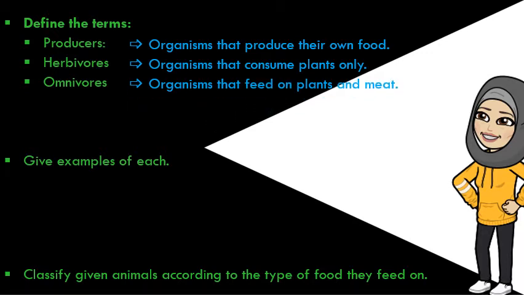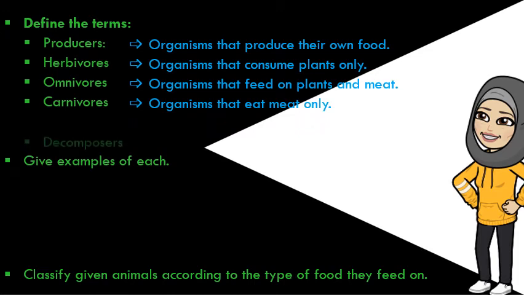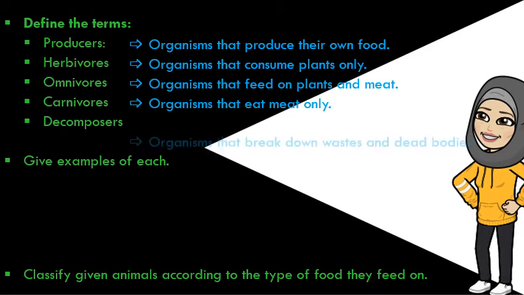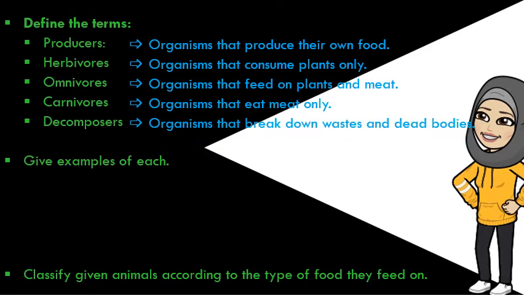Omnivores consume plants and meat. They eat both plants and animals. Carnivores. Carnivores are consumers that consume animals only. What about decomposers? Decomposers break down or decompose dead bodies for food.